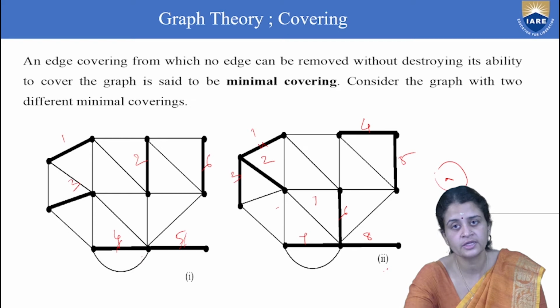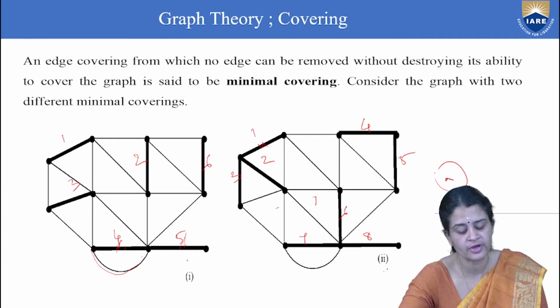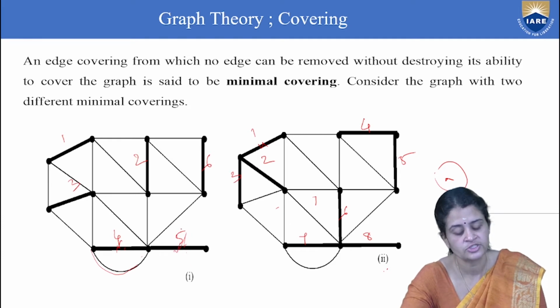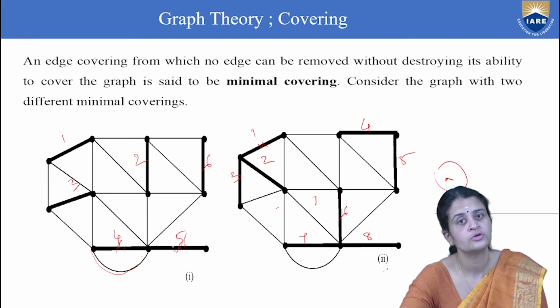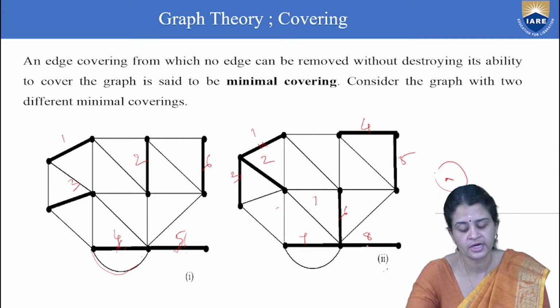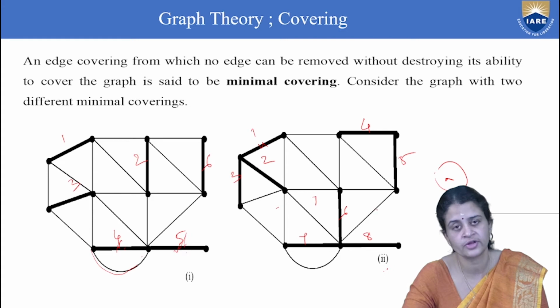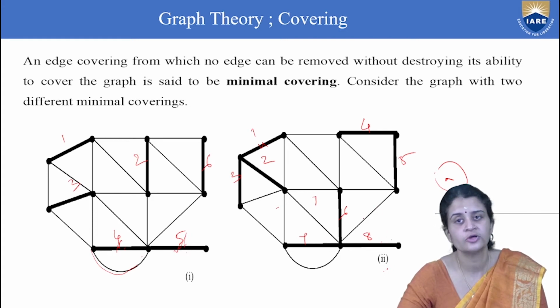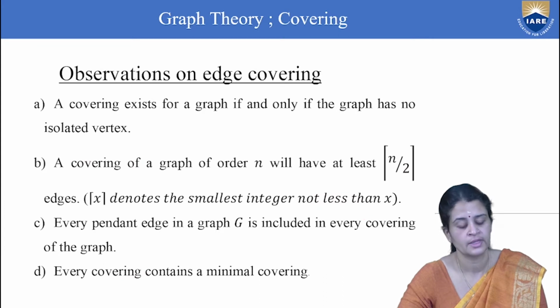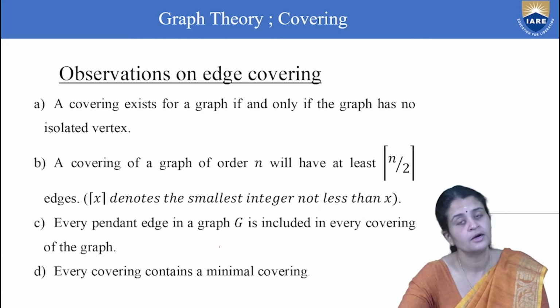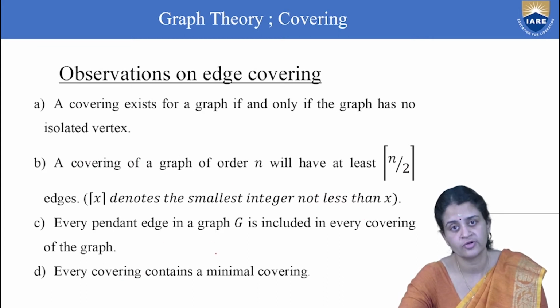Here and elsewhere, instead of taking this edge, you can take this other edge also. Okay. So it will also cover the graph. But if I discard this edge, will it cover the graph? No. Also here it has to be taken. Here I have taken different edges for this covering, but this edge is common in both the cases. So if you have a pendant edge, then it should be included in every covering of the graph.